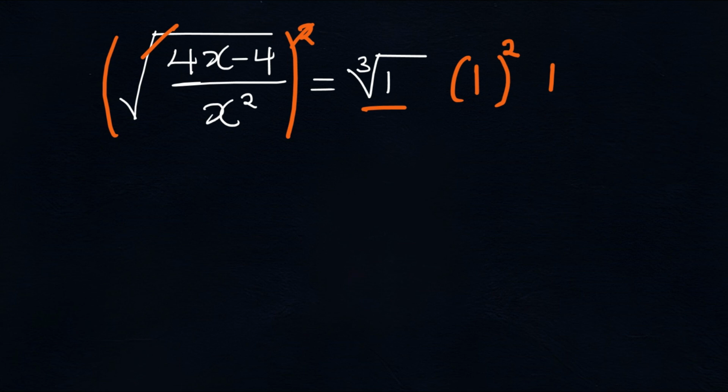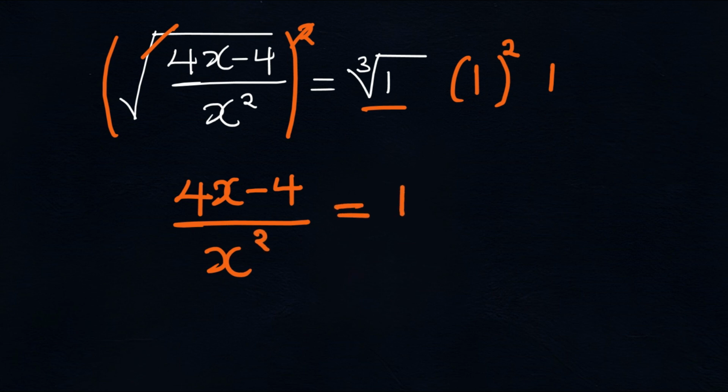So in the next step, we're going to have 4x minus 4 all divided by x squared is equal to 1. 4x and 4 are not like terms, so I cannot subtract 4 from 4x. And that means that we have to do the cross multiplication. And as we know, 1 or any number is over 1.